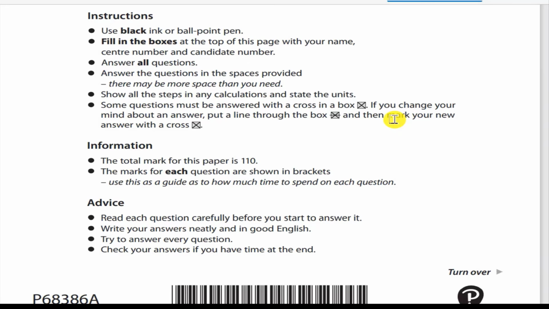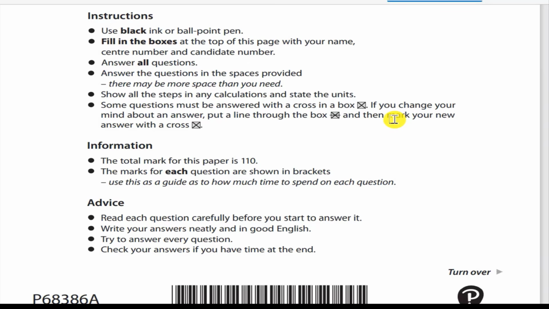There may be more space than you need. Show all steps in any calculation and state the units. Some questions must be answered with a cross in a box. If you change your mind about an answer, put a line through the box and then mark your new answer with a cross.